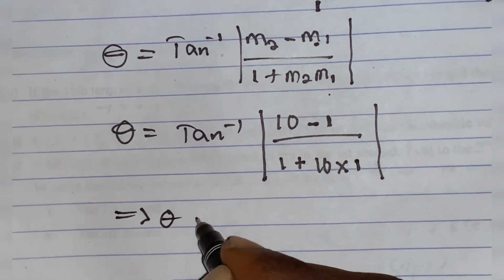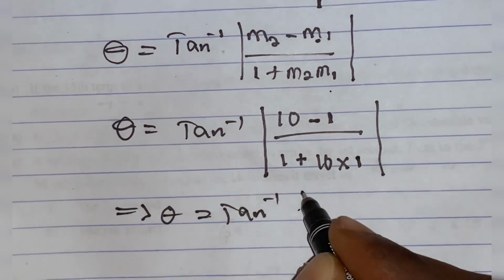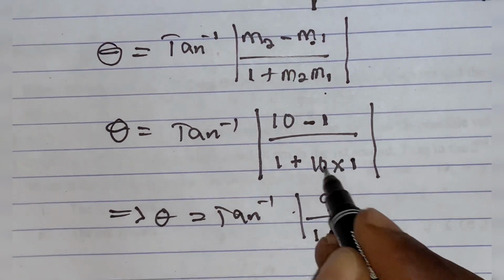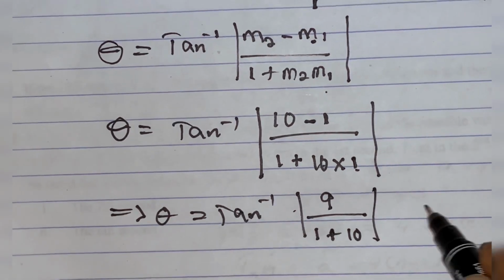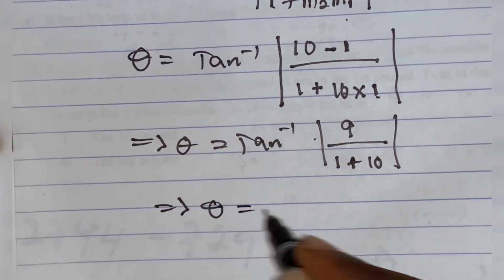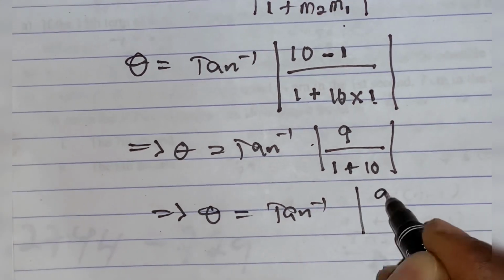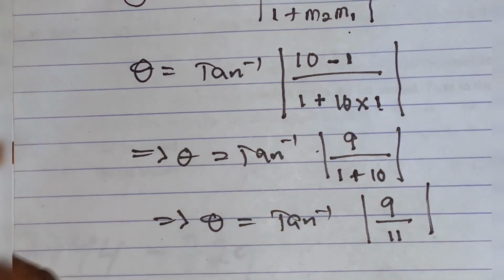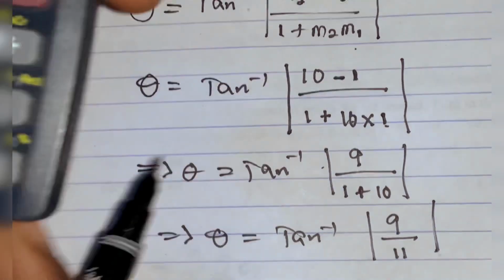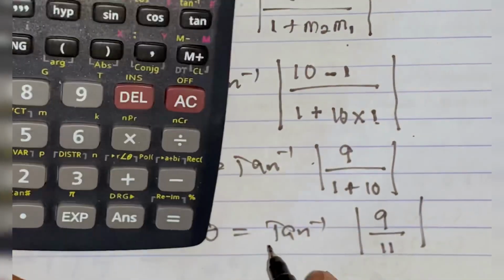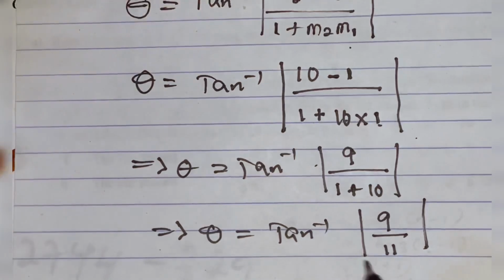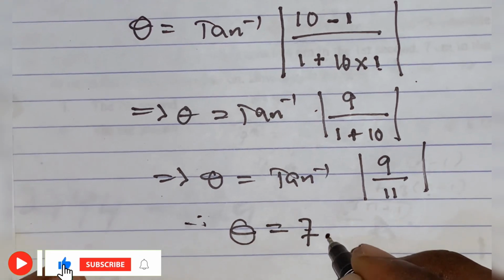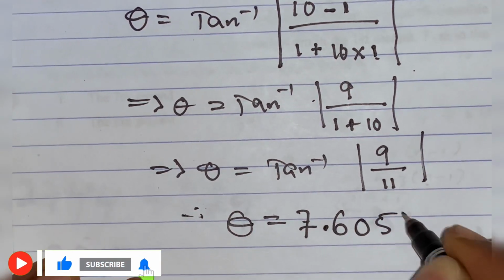This implies that theta equals tan inverse of 9 divided by 1 plus 10 times 1, which is 10. So theta equals tan inverse of 9 divided by 11. We used our calculator to find the value of tan inverse of 9 divided by 11. So the angle is 7.605. Therefore, theta equals 7.605 degrees.